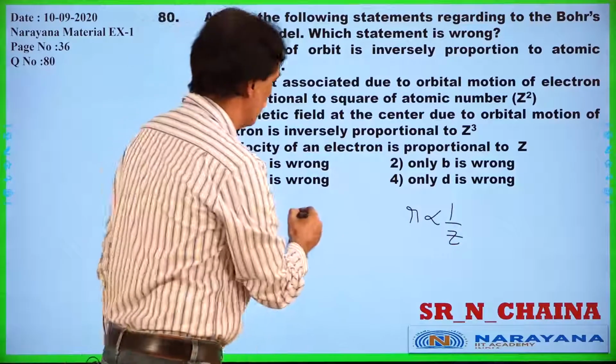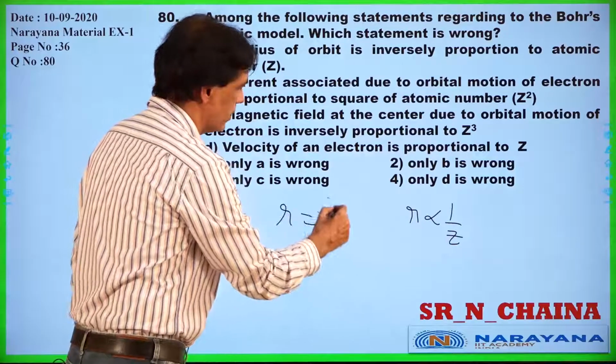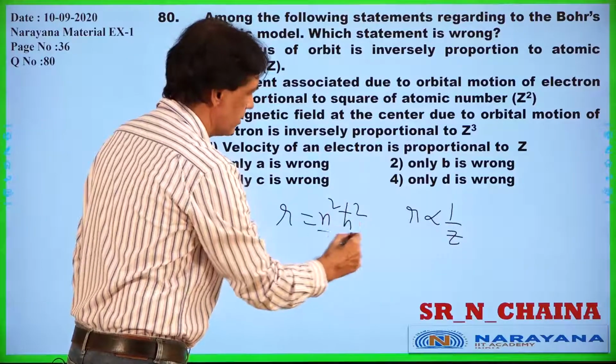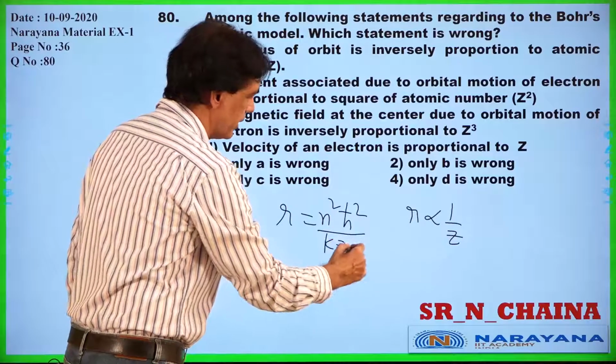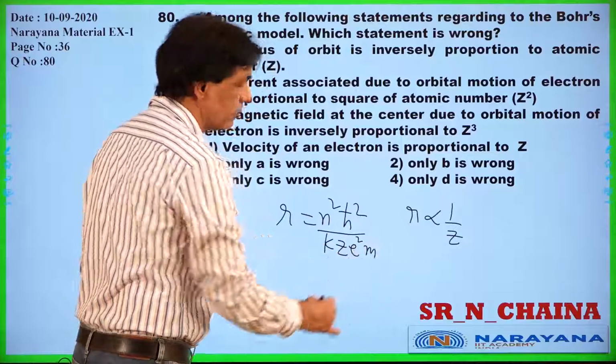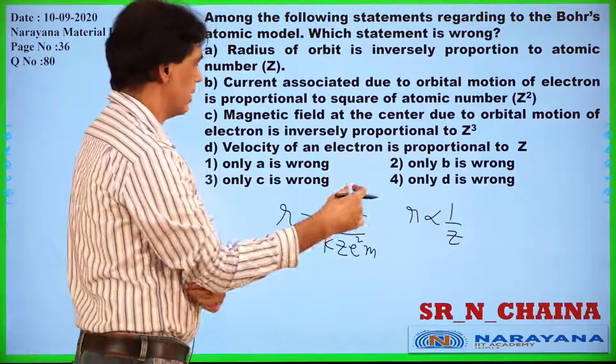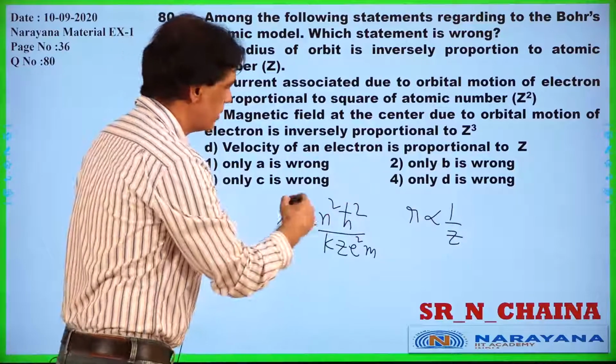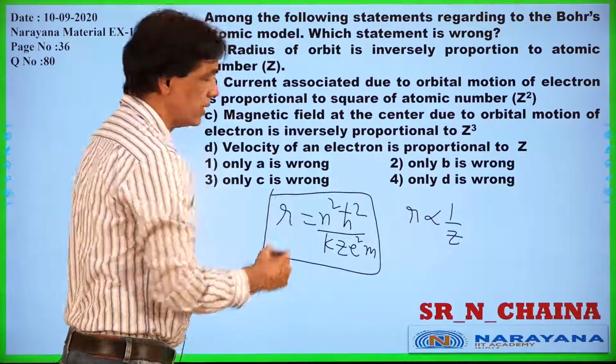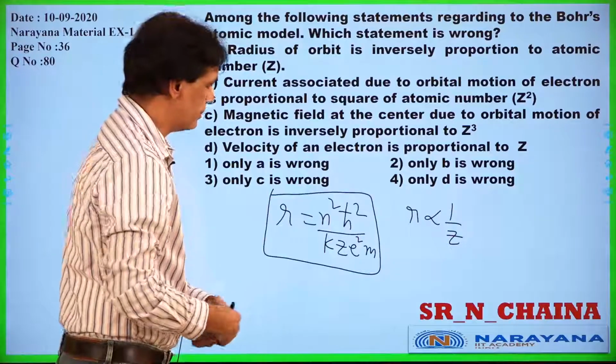So what is the R formula? R is n square h cross square by k z e square m. This is the formula for the radius of the electron in Bohr's atom.